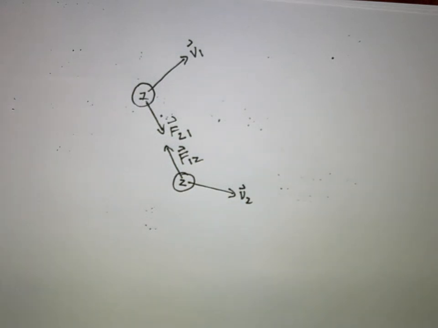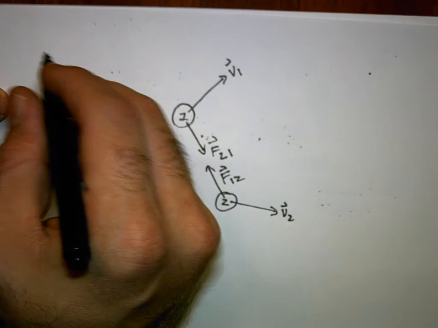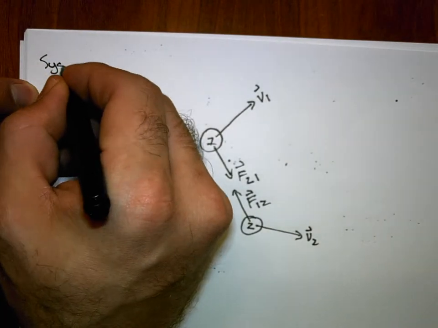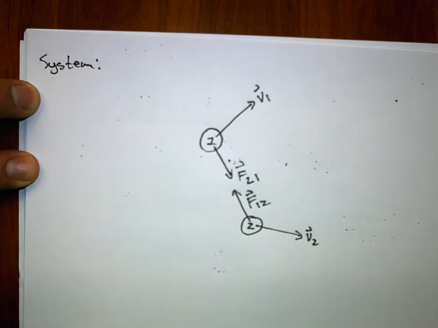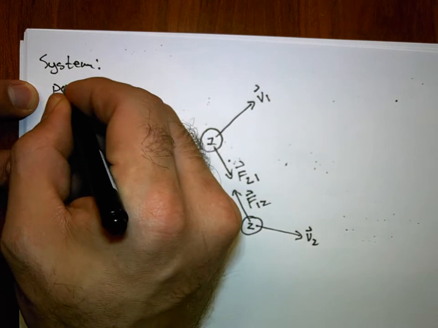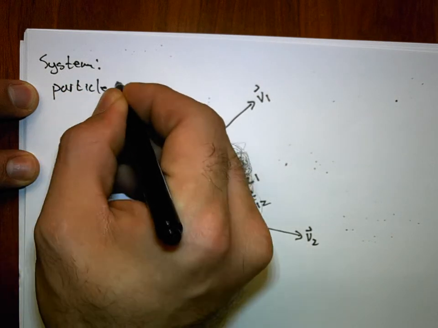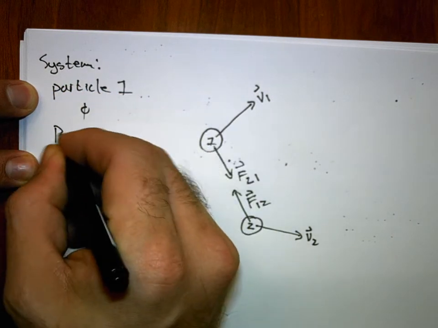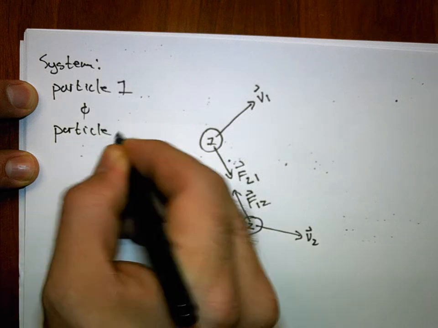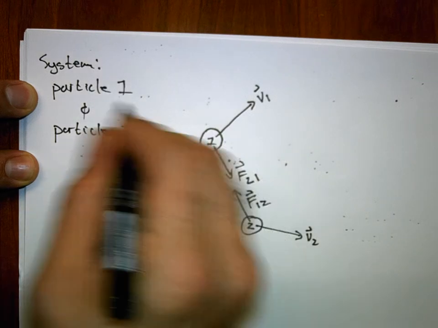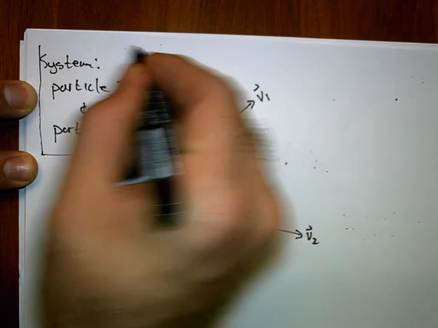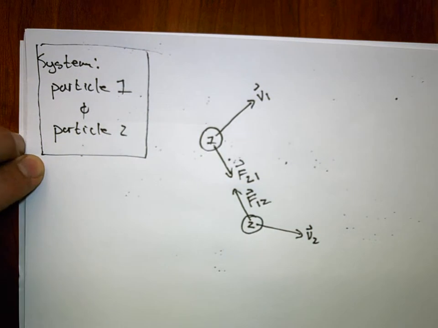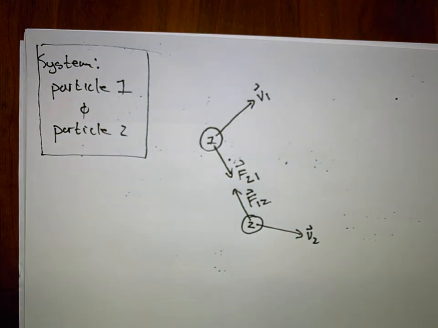And our system we define as just being particle or object 1 and particle or object 2. So this is our system. Anything that's not particle 1 or particle 2 is not part of our system.